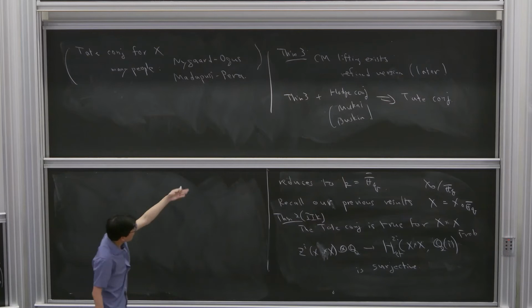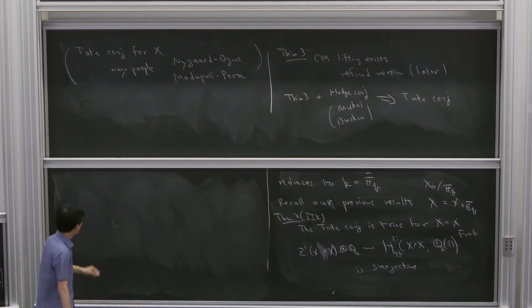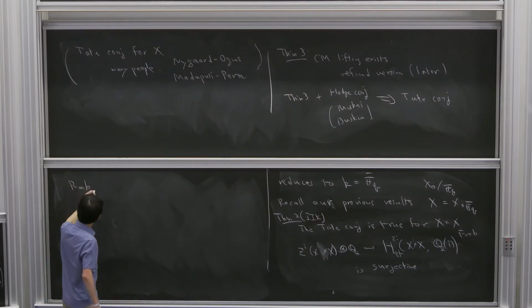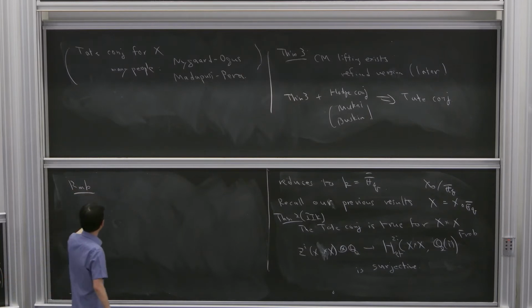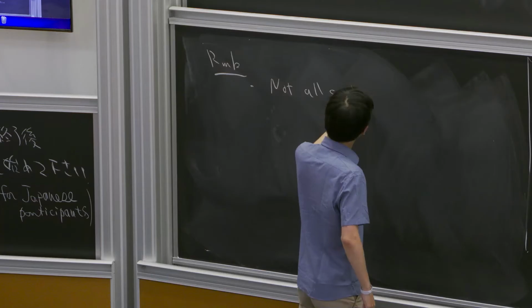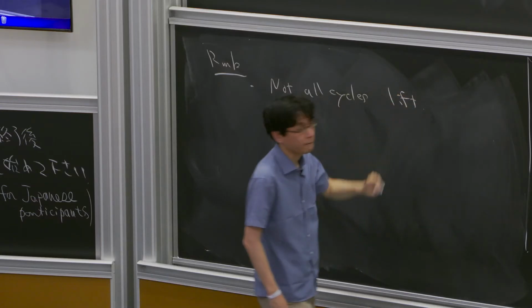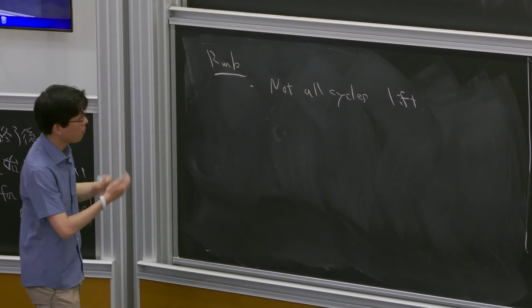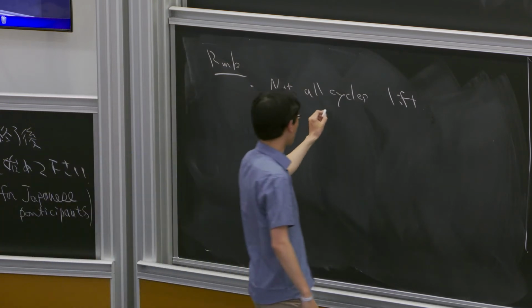I mean, this is the basic structure of the proof, but let me caution that not all cycles lift. Or maybe, before you know the Tate conjecture, we can only talk about Tate classes.